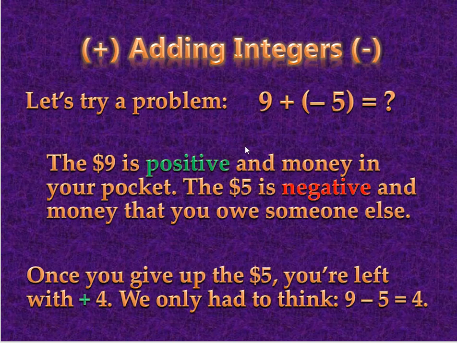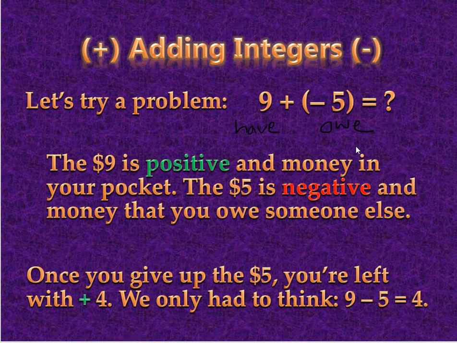Okay, so let's go ahead and try an adding integer problem. So when we look at this problem, 9 plus a -5, the 9 is a positive integer and the -5 is a negative integer. So the 9 is positive and money in your pocket. So the 9 is having money, okay? So you have 9. The 5 is negative and money that you owe someone else, okay?